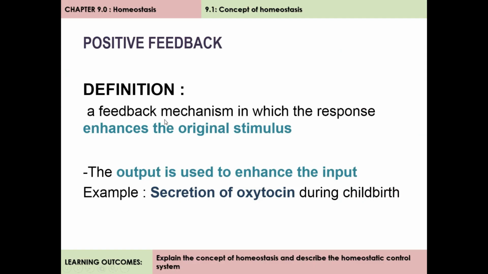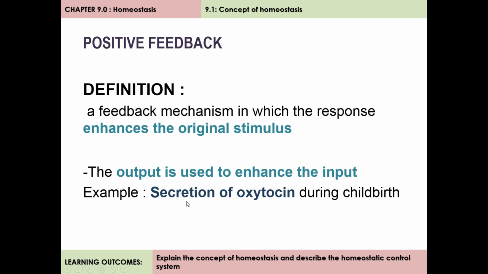Positive feedback mechanism is a feedback mechanism in which the response enhances the original stimulus. The output is used to enhance the input. An example is secretion of oxytocin during childbirth.